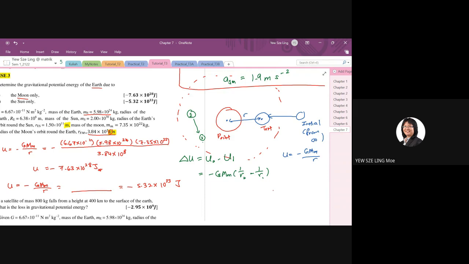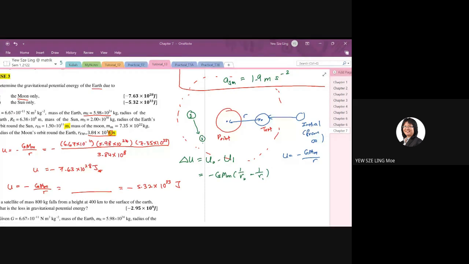If there's anything you don't understand, make sure to ask, yeah? Because today we're just going to focus on the gravitational potential energy.